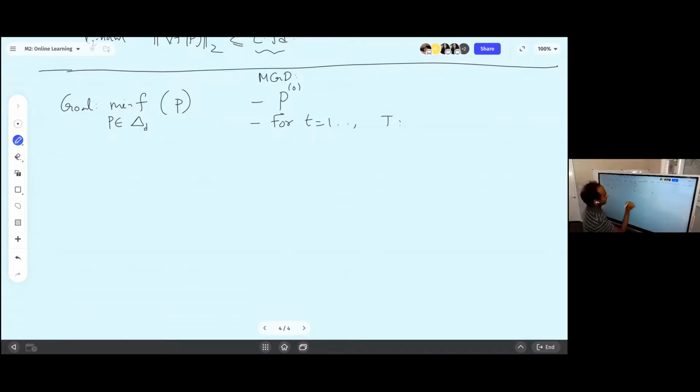So what is that? For each iteration, I'm going to update each coordinate of my vector multiplicatively based on the gradient. So I compute the gradient of my vector just as before, and look at that coordinate.